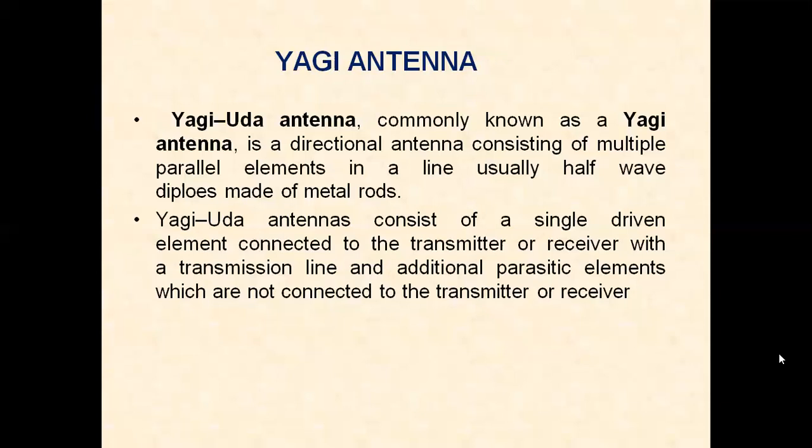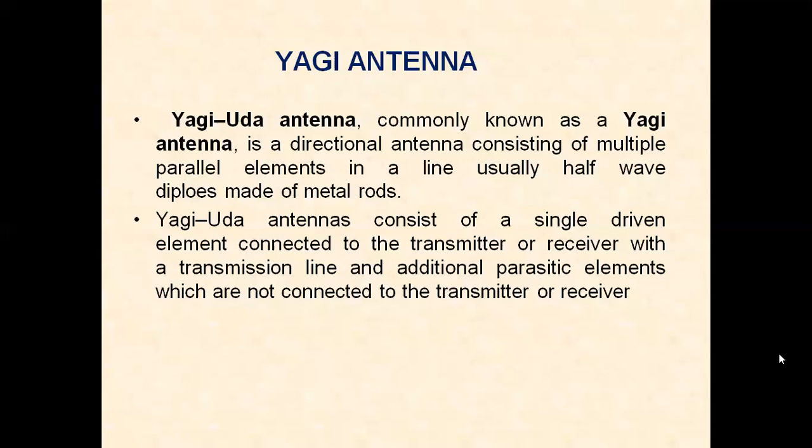It is a directional antenna consisting of multiple parallel elements in a line, usually half-wave dipoles made up of metal rods. Yagi antenna consists of a single driven element connected to the transmitter or receiver with a transmission line and additional parasitic elements which are not connected to the transmitter or receiver.